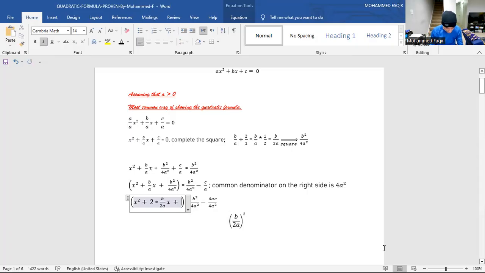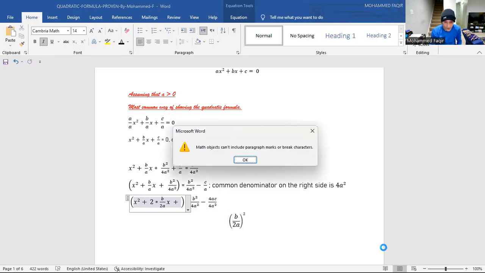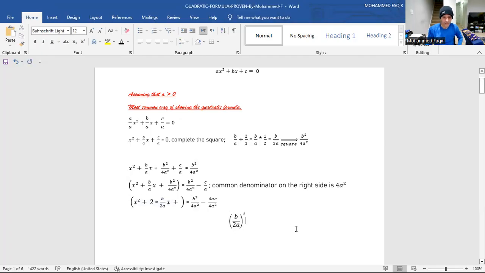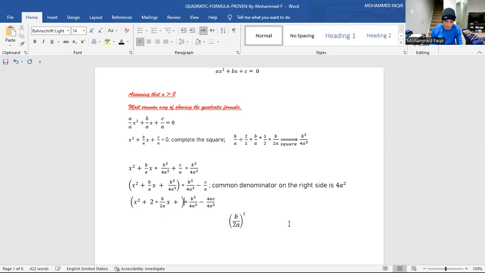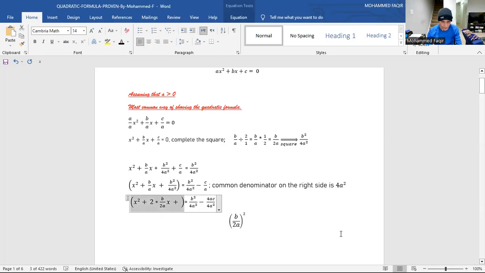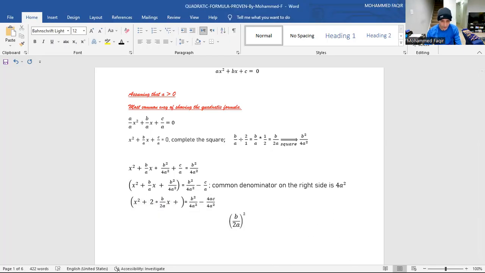Okay, so now I can do it, I guess. It doesn't let me do that, but I can, unless I have to do acrylic, I guess. No, I don't want to go back to where I was.